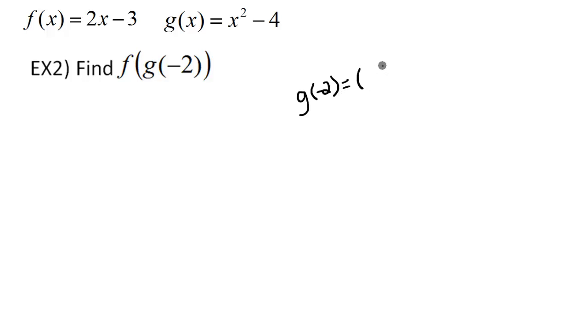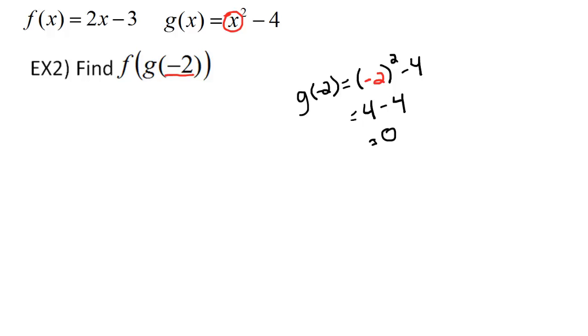I'm going to write my g function, which is x squared minus 4, but I'm plugging in a negative 2 into this function, so this x becomes negative 2, and I'll plug that in just like that, and then simplify it. Negative 2 squared is 4, and then minus 4, so that's actually going to be 0.